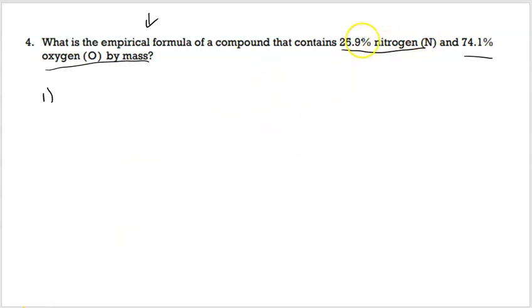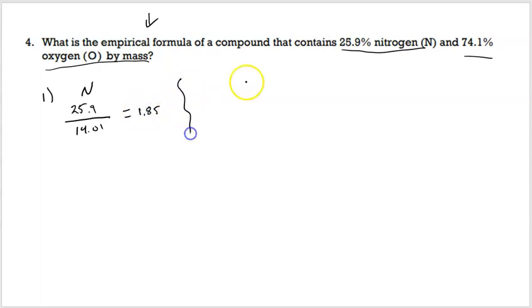For each individual element, that's just going to give us a number. So for nitrogen, I'm going to go 25.9 over the mass of nitrogen, which is 14.01. That comes from the periodic table. And that is going to give me a number that won't have much meaning just yet, 1.85.